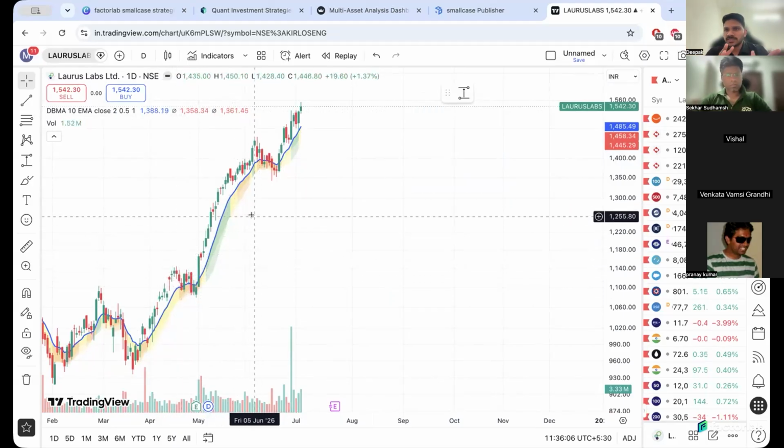So overall, this has also seen about a 60% rise in value from the time we've held this stock. There are many other stocks which have done well, but these are a couple of stocks that I want to put in the spotlight. Yeah, I think that's all from our end. We'll be happy to take any questions now.